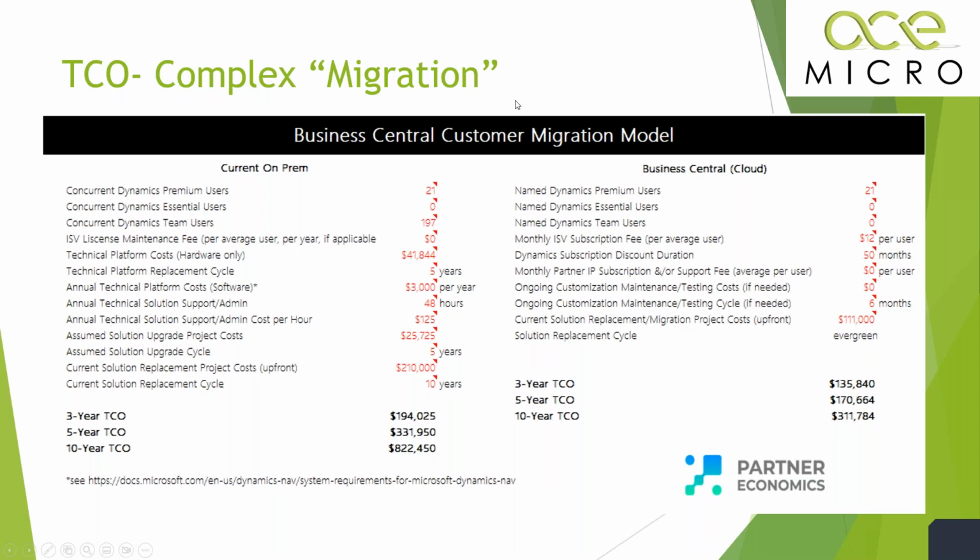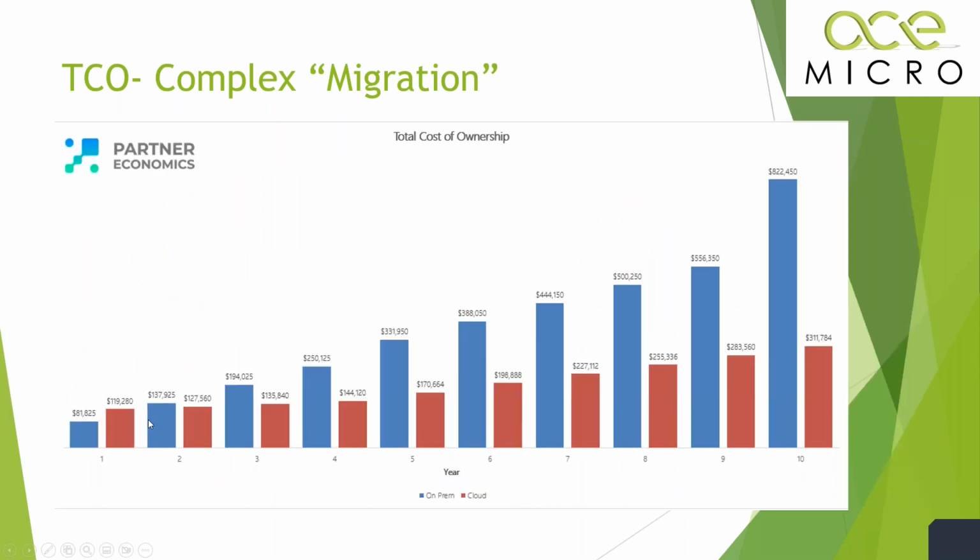And when we look at this, we turn around and say, okay, what do we see? Well, again, you're going to see more cost in year 1 because this is a major project than if you just stayed on-prem. But again, in year 2, you're about break even. You've saved about $10,000 in this scenario.